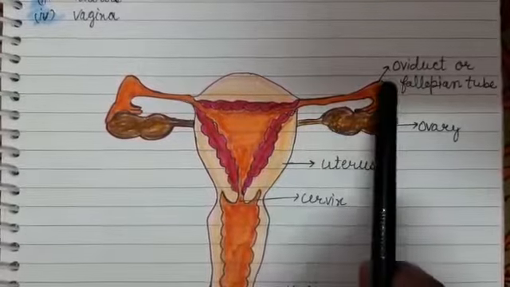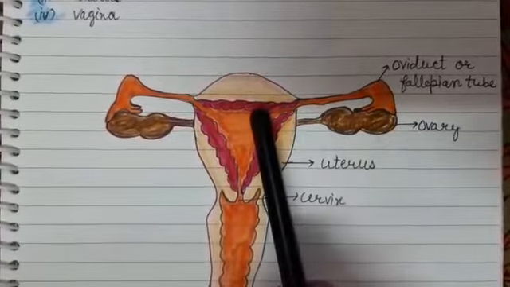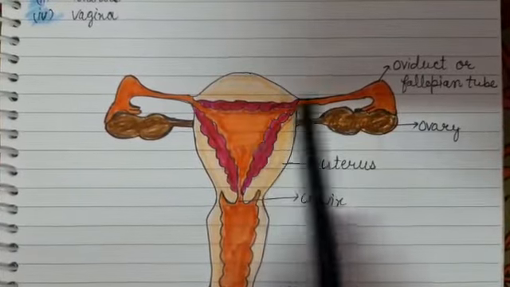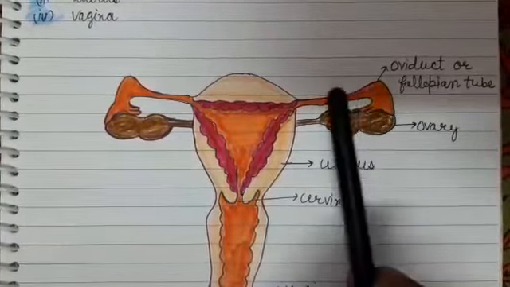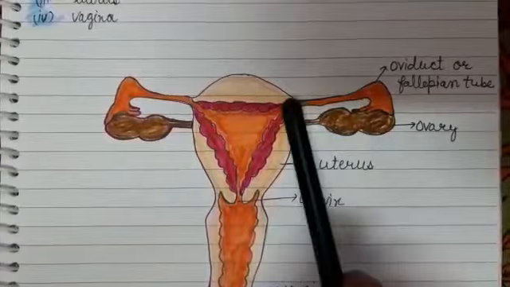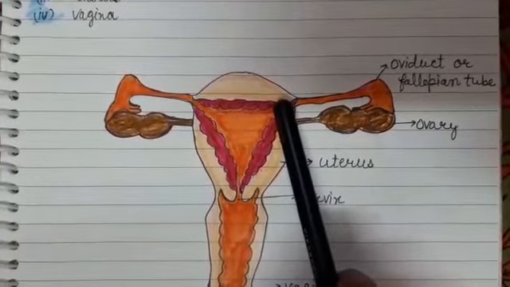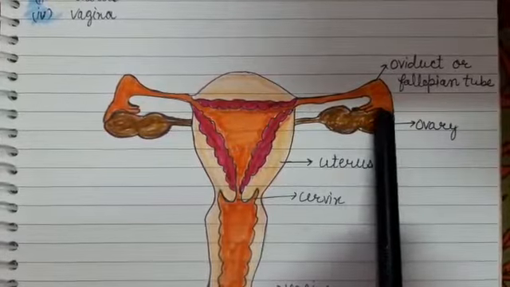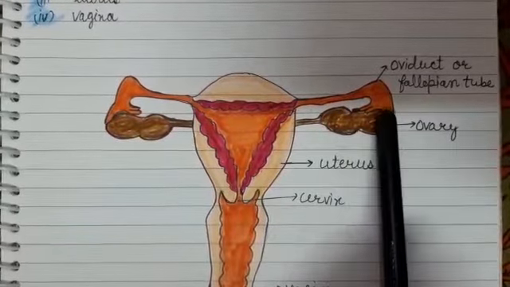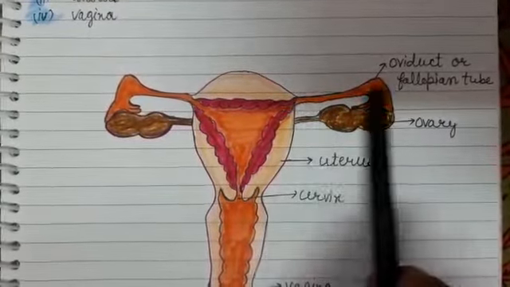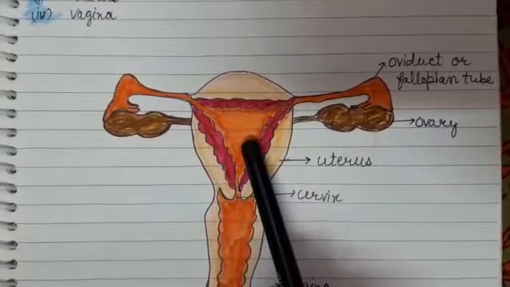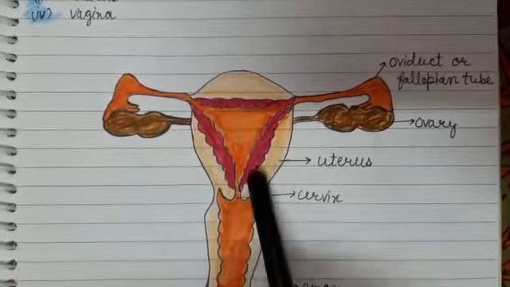Each oviduct is about 12 centimeter long. The ovum released from ovary enters into this fallopian tube, and this egg is moved from oviduct to uterus. This is uterus.